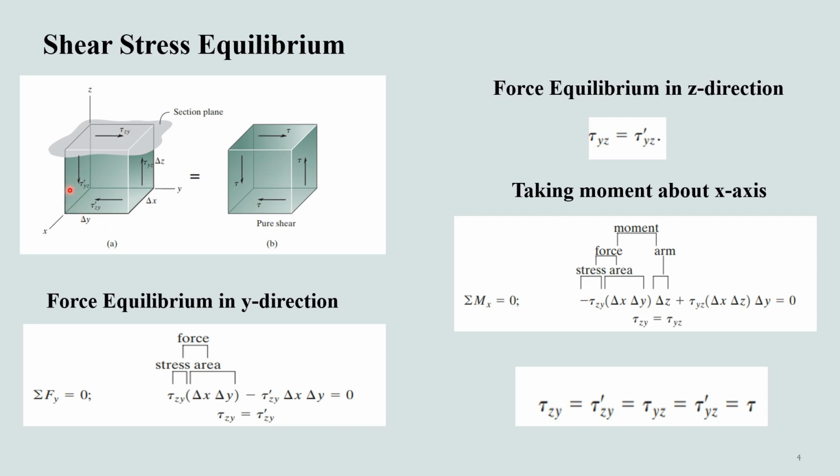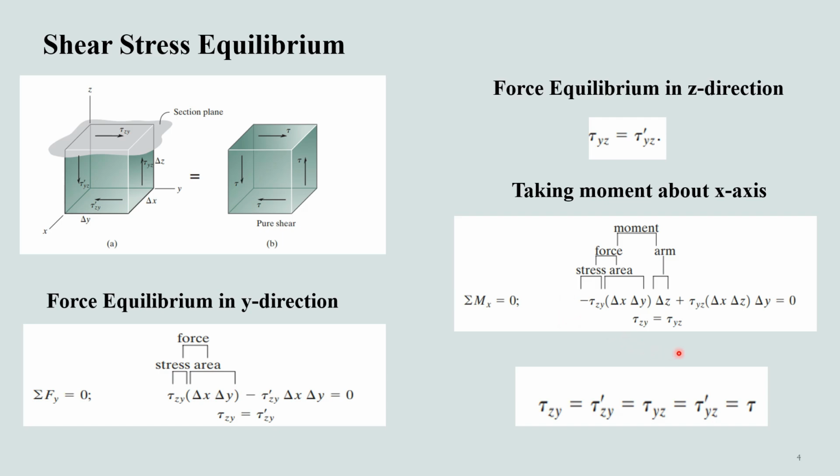So these two stresses, or the forces due to these two stresses, will cause a moment about the x-axis. Thus, we have tau zy multiplied by the area and multiplied by this delta z, which is basically the moment arm for this shear force.